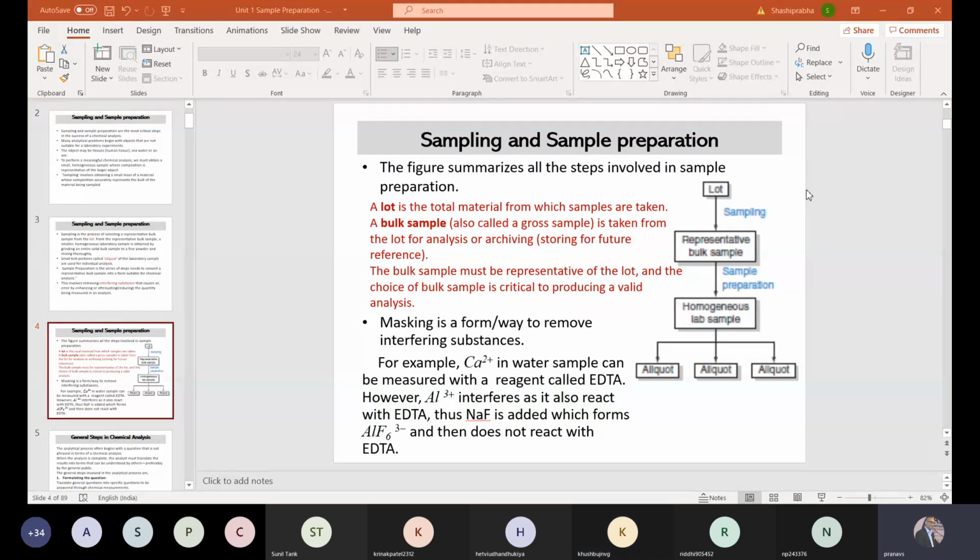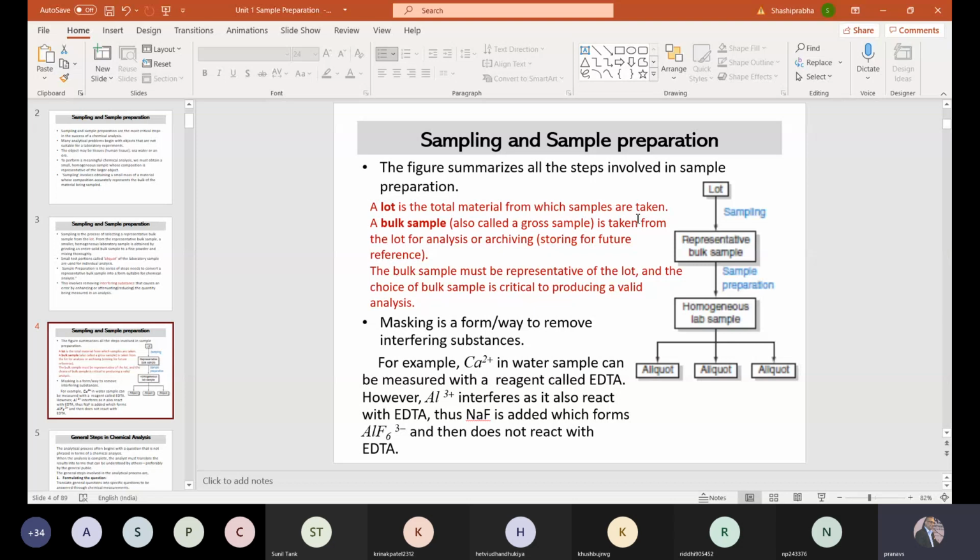Just remind me in between if you feel कि कोई चीज समझ में नहीं आ रही है. See, this topic, possibly you will appreciate more when you actually work with real samples.